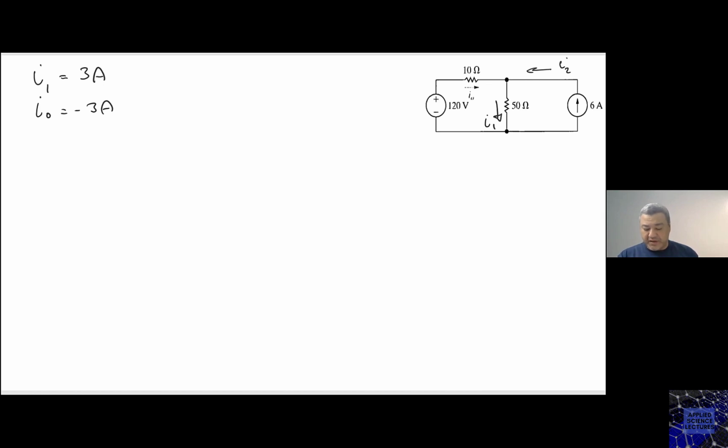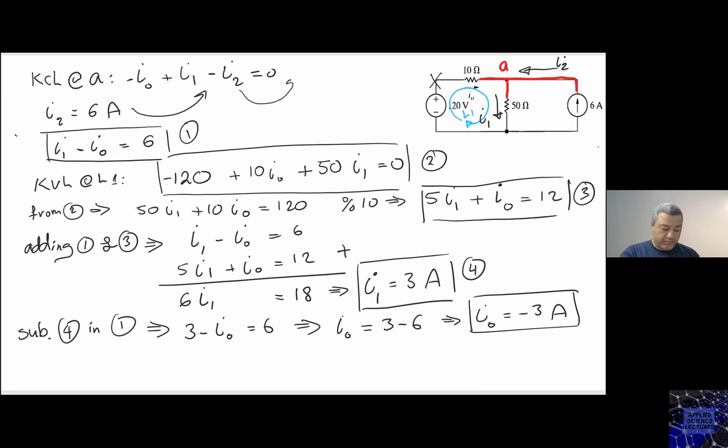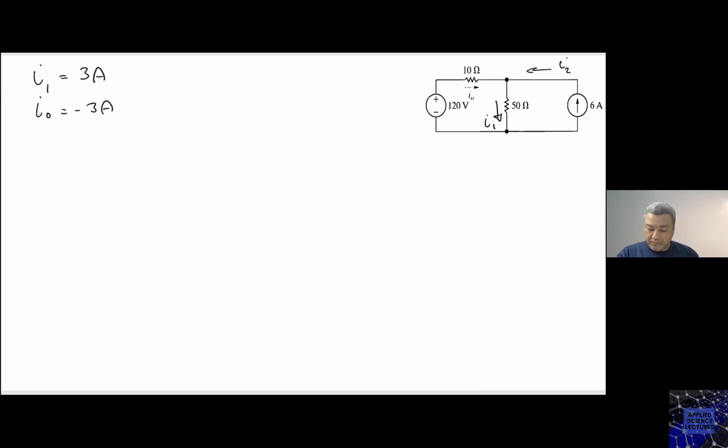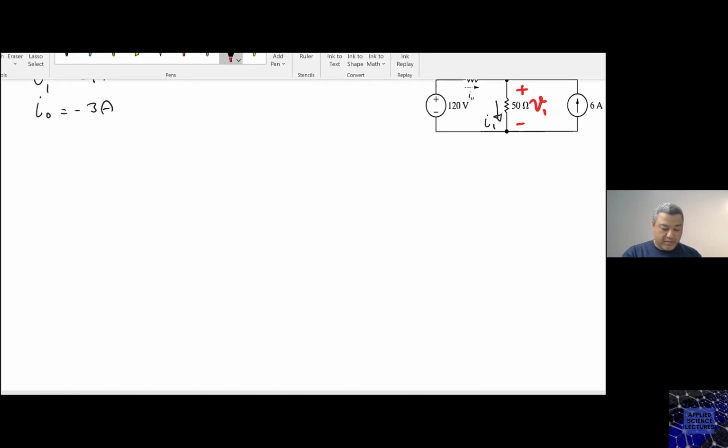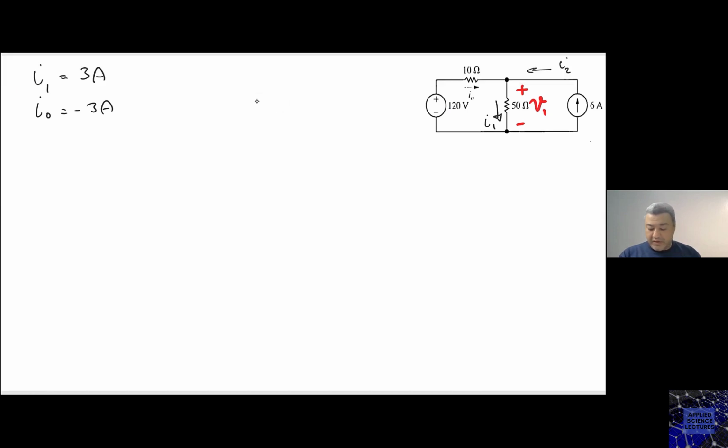So if we calculate this voltage here, call this one V1. Now notice that this V1 across the 50 ohm is also across the 6 ampere, right?